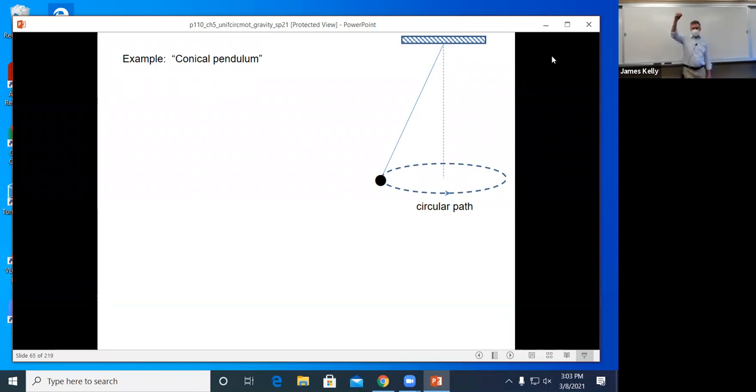Maybe those of you who are at home, I haven't unshared this, but you might be able to maximize my video window. This little mass is moving in a circle at a constant speed, but the tension is not directed towards the center of the circle. Neither is gravity, and the only forces on this mass are the tension and gravity. So in order to use the fact that the magnitude of the acceleration is v squared over r, we made sure to choose one of our axes pointing in the known direction of acceleration.